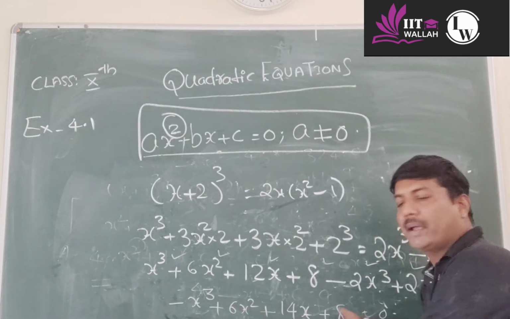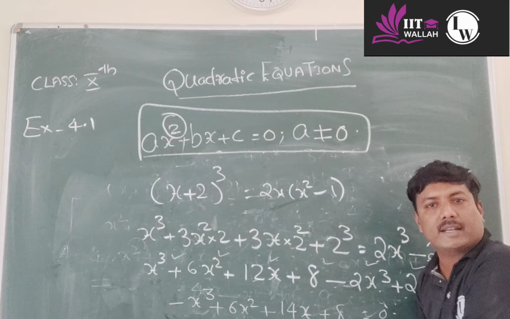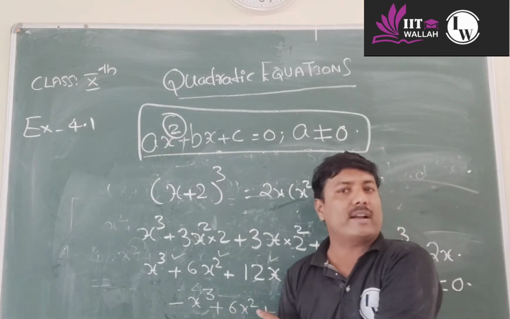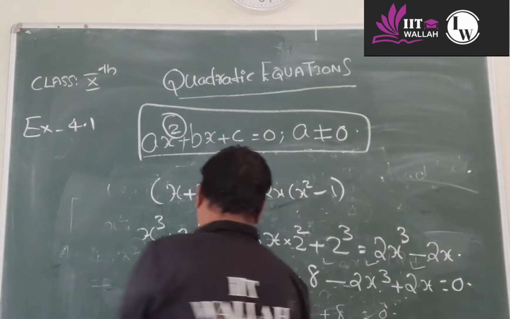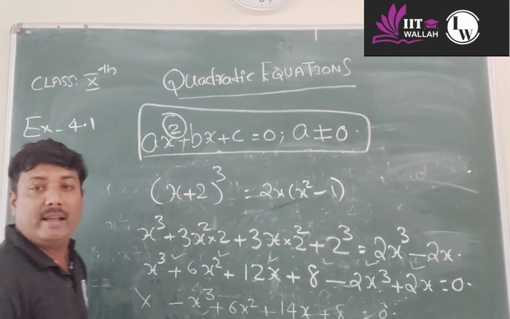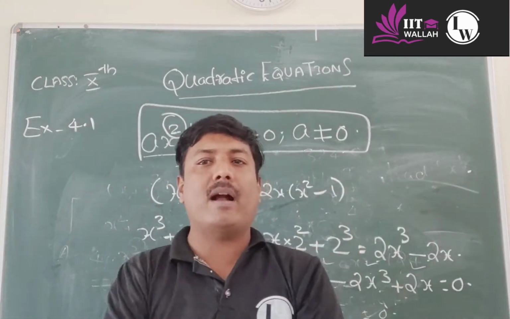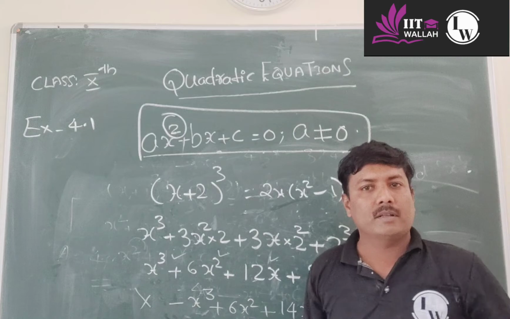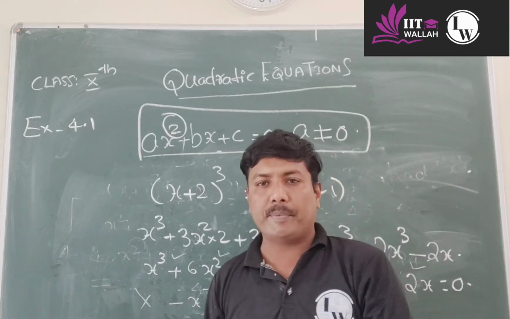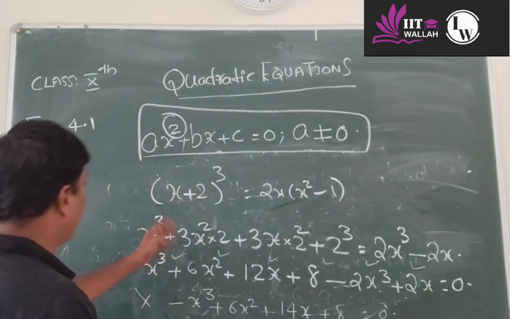If you get a cubic polynomial which is 0, we are getting a cubic equation, not a quadratic equation. So this is not a quadratic equation. Why is it not a quadratic equation? Because here the degree is 3. So it is easy to understand this chapter. Okay, I will wrap this.